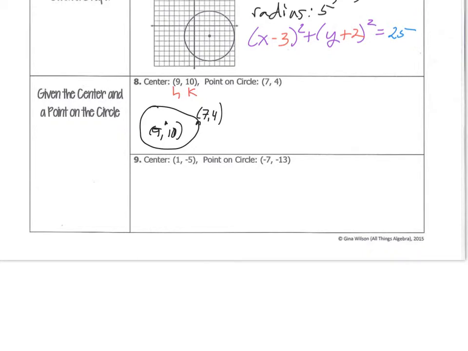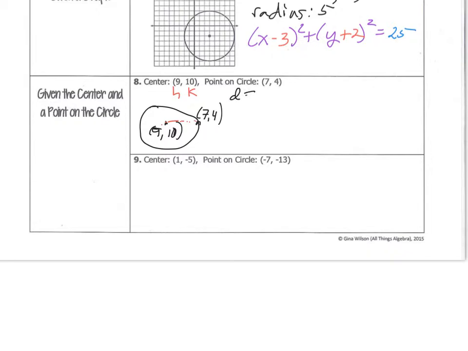How do I find the distance from 2 points in the coordinate grid? The distance formula. Do we remember what the distance formula is?